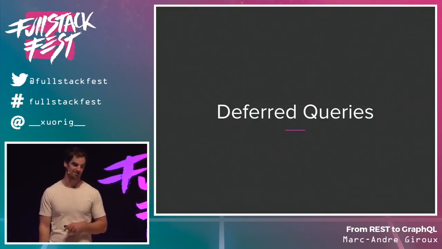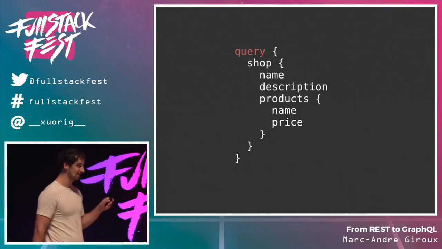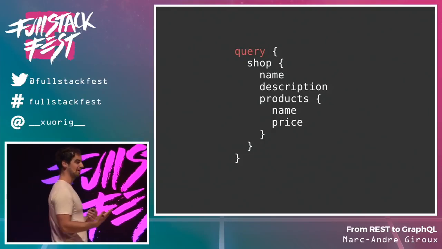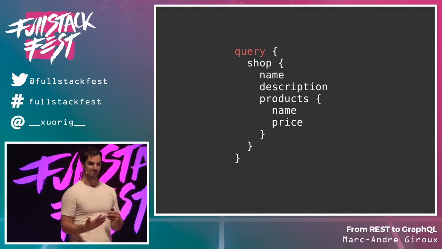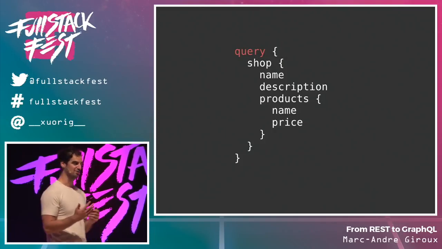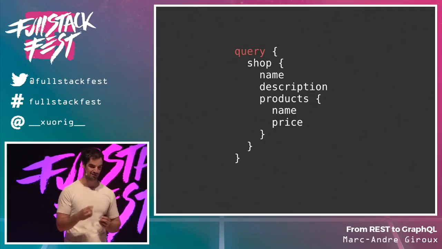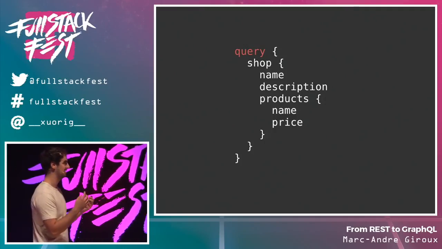Deferred queries are something that are really awesome too. The principle is basically, when I'm rendering some UI, what I want is showing something to the user as fast as possible, right? I want them to feel like it's really fast.